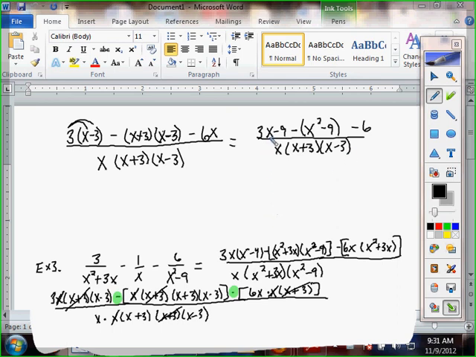And so I'll continue to simplify. I will have 3x minus 9, distribute this minus sign, minus x squared plus 9, minus 6x.